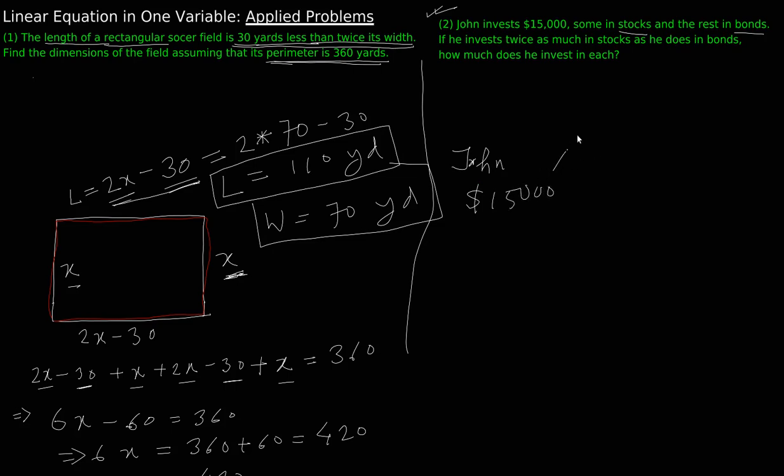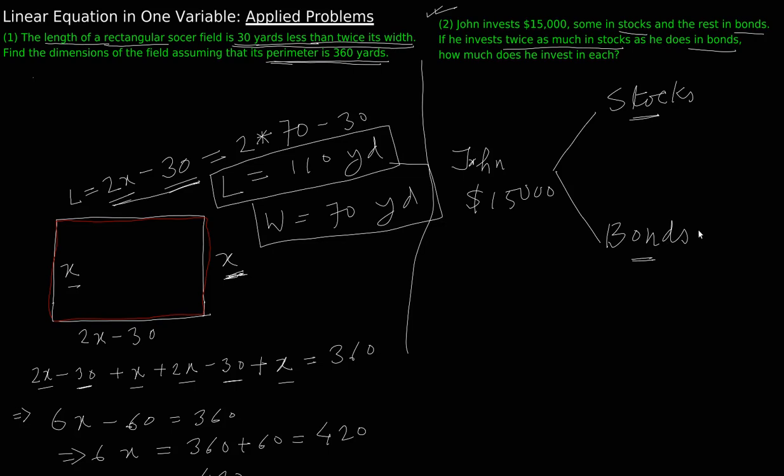Now he invested some in stocks and the rest in bonds. Alright, so what is the correlation? It says John invests twice as much in stocks as he does in bonds.